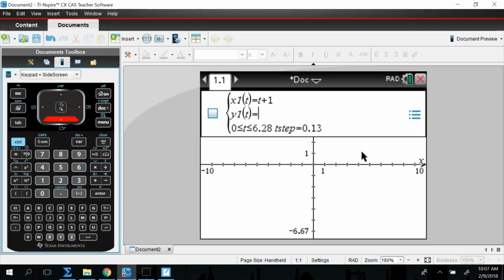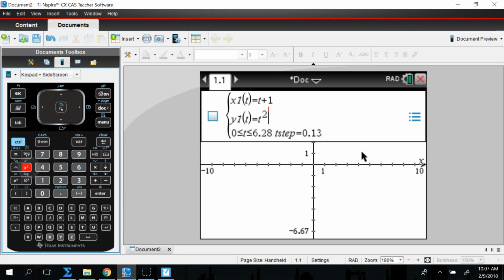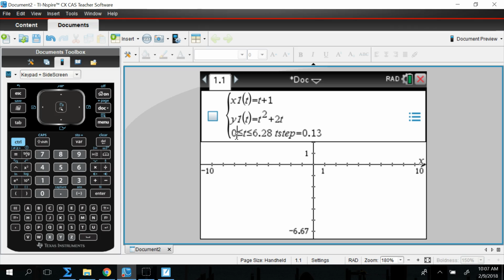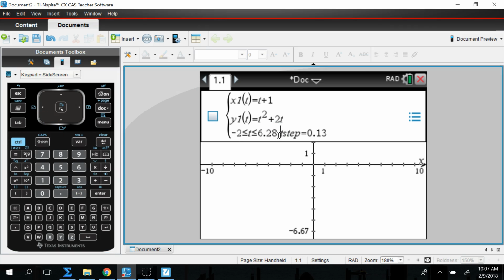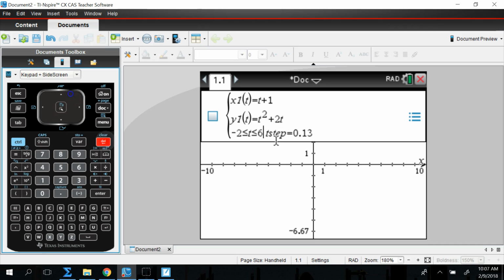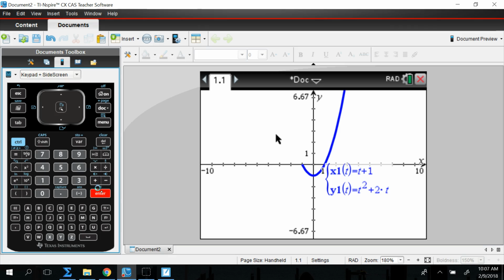My y value was t squared plus 2t. My t values were from -2 up to +3. Are we okay with a t-step of 0.13? Yep, I'm okay with that. And there it is.